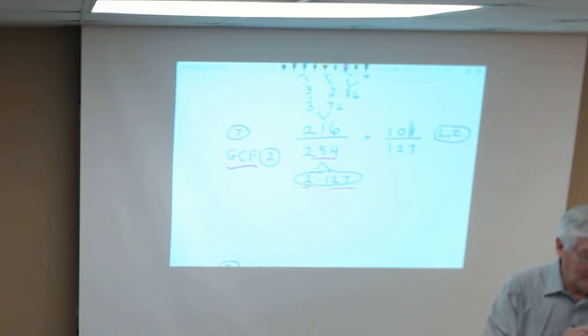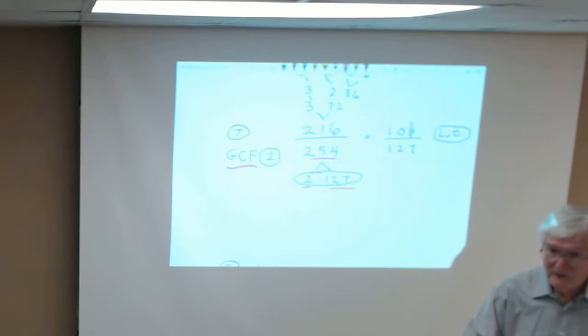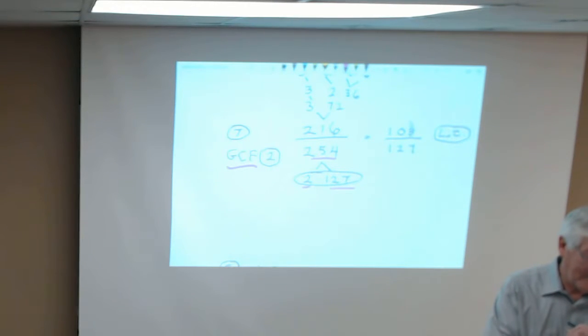Then what do I do with 127? Did you look at your prime number chart? Is 127 on the prime number chart? Yes. So these are prime numbers. So I've got the product of primes. So I'm done with this one.